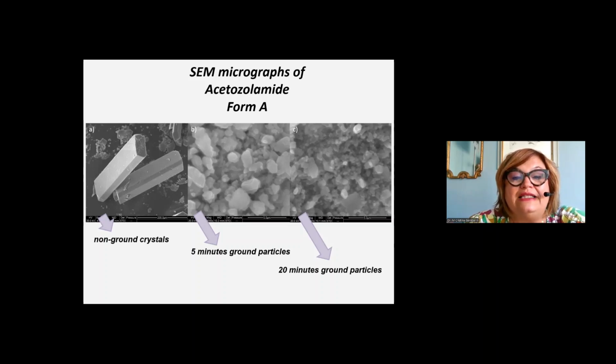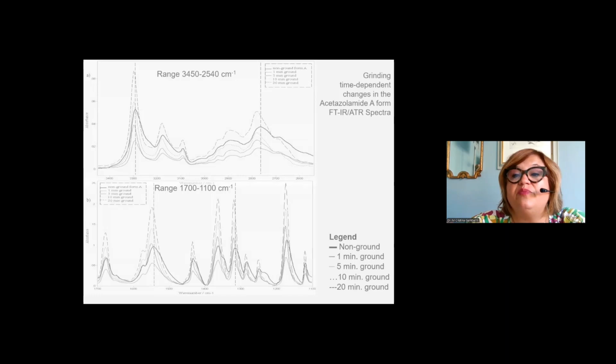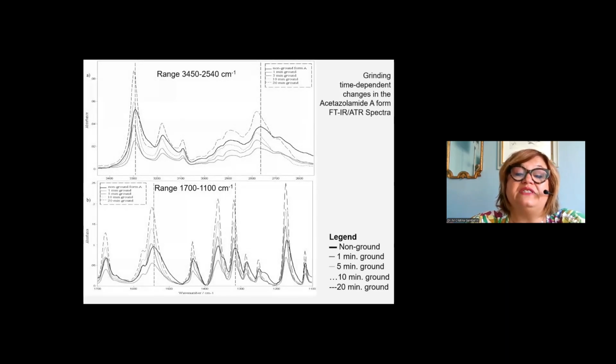So at the beginning, it had this kind of shape, and we also measured the shape, and then we studied the ground sample with spectroscopic techniques. Why spectroscopic techniques? Because they are useful for identification and characterization of solid forms and transformation of the samples.